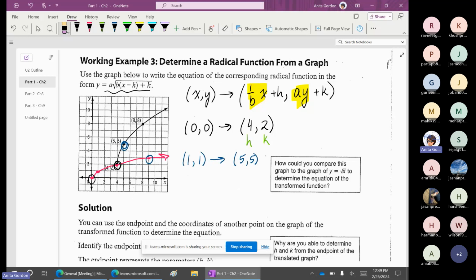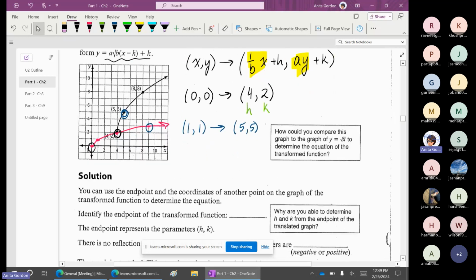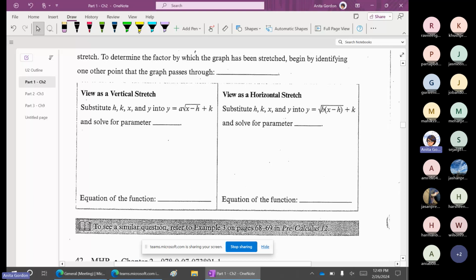So let's take a look at what the equation would look like for each instance. Down in the bottom, we are going to substitute h and k with the numbers we know, and we are going to use the point (5, 5) for our x and y. We are going to see what it would look like if we focused on the vertical stretch. So I'm going to rewrite this equation, substituting every single number except the a.